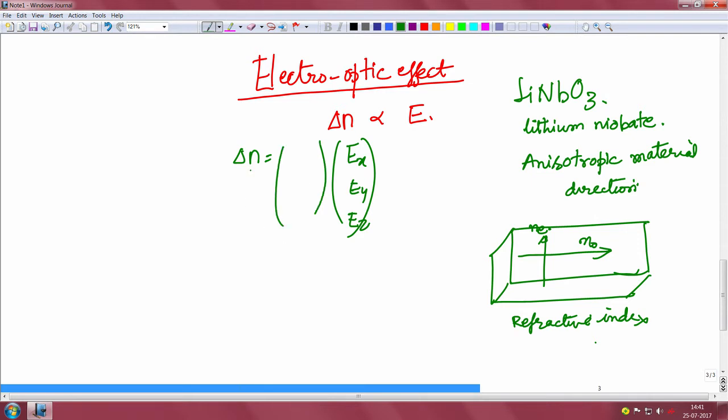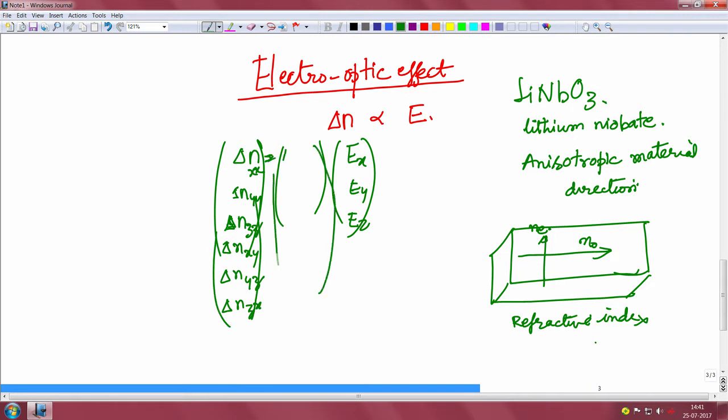So, we can have delta n in x, applied field in x direction and refractive index changing in x direction. We can express it as a matrix, with delta n changing in y, in z. These are all the different coefficients of the refractive index, delta n xy, delta n yz and so on. So, we have a matrix which will express the relationship between delta n in terms of several fields. This is a tensor called the electro-optic tensor.